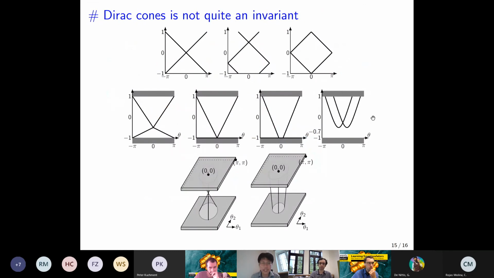The only thing I want to point out is that this naive counting is not quite an invariant, as you can see from the deformation of the Dirac cones. You can shift the position of the Dirac cone, kind of discontinuously. You can also make it disappear into the essential spectrum, into the bulk spectrum.